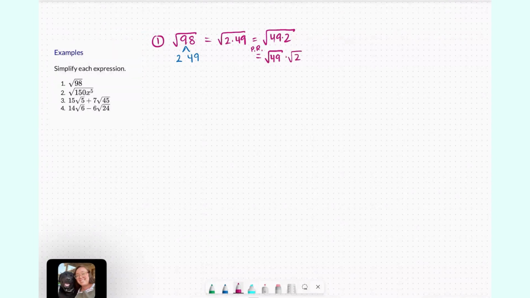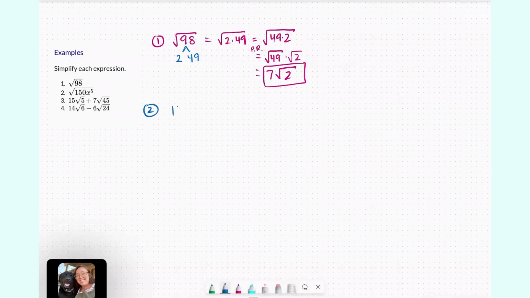Product rule says if they are sharing one radical, like 49 and 2 were, and they're multiplying, I can give them each their own radical, still multiplying. And that index, that invisible 2 on the square root, stays the same. So the square root of 49 is 7. I don't have a square root of 2. That's irrational, meaning it is better for us to just leave it as a square root than throw it into a calculator. That's it. That's all you have to do.